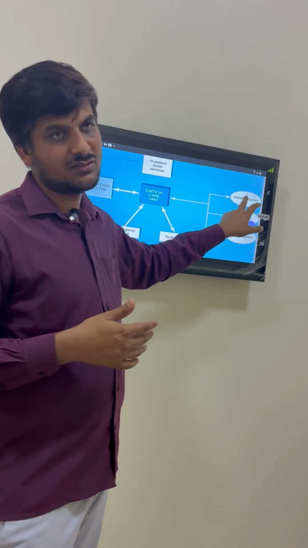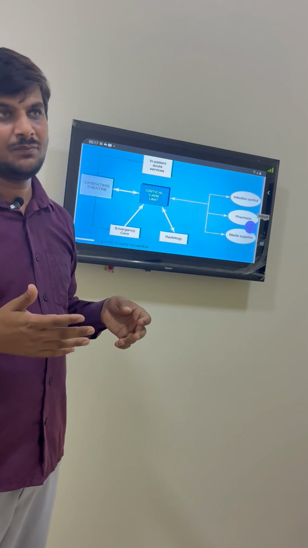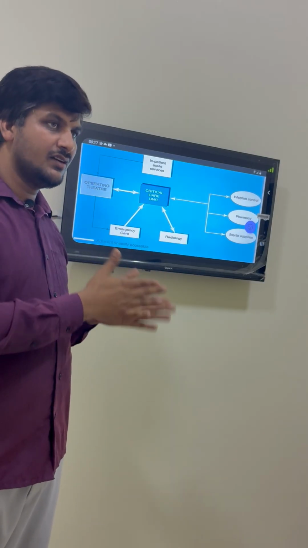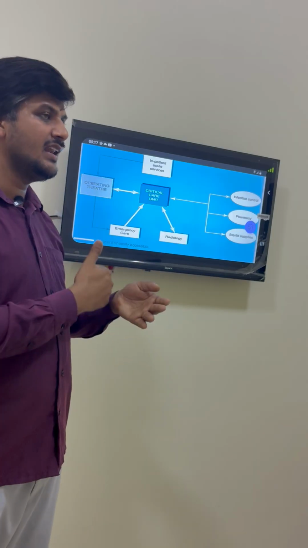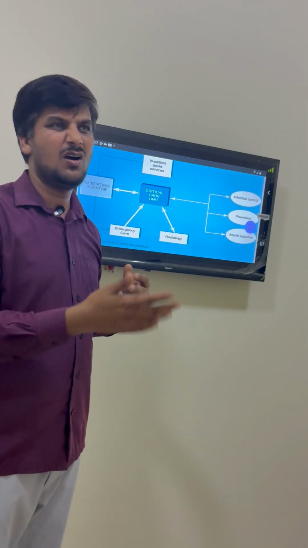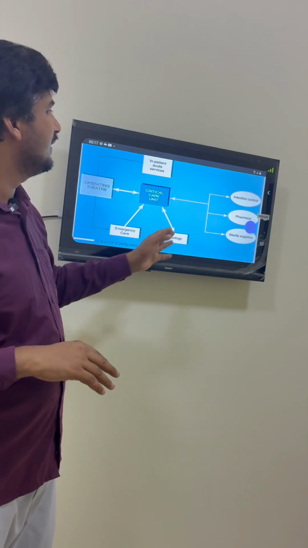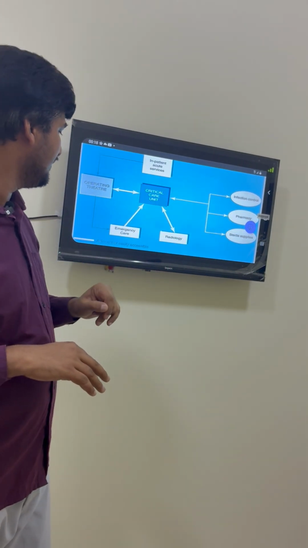Then infection control, because in the recent era they are talking about the infection rate of the hospital. If it increases, it delays patient recovery, or it may cause morbidity of the patient. That's why infection control is also an essential part of the critical care unit.